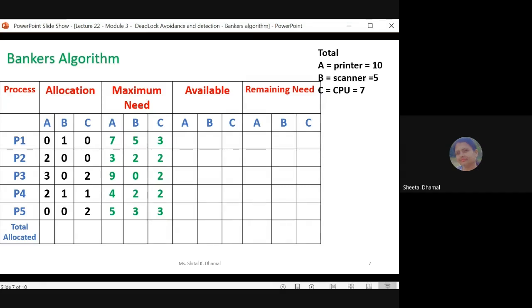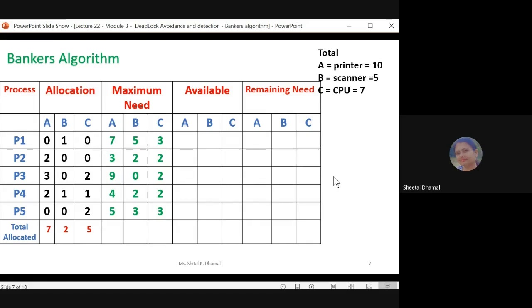How many CPUs? 5. Yes. So see, what you have to do, you have to add the total number of resources allocated to the processes. So here I will add all the numbers from this column. So 7 printers are assigned to all the processes, 2 scanners are assigned, and 5 CPUs are assigned for all the processes to complete their jobs.